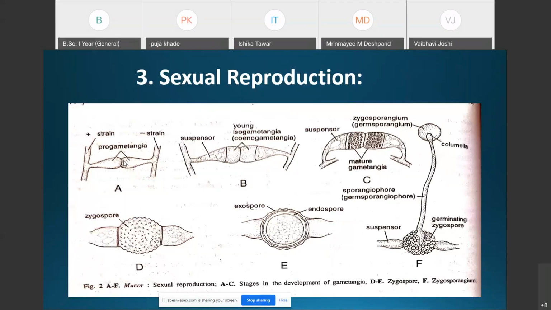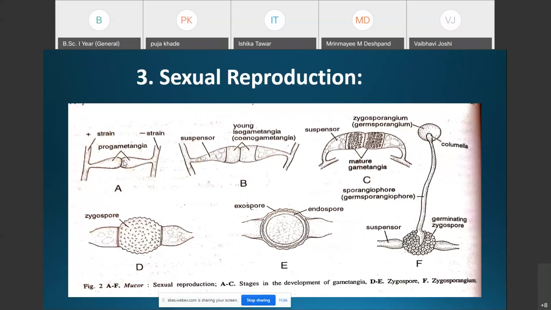In a homothallic species, the zygospores are developed by the mycelium which is derived from a single sporangiospore. Whenever the mycelium develops from a single sporangiospore and sexual reproduction takes place in this mycelium, it is called a homothallic species.